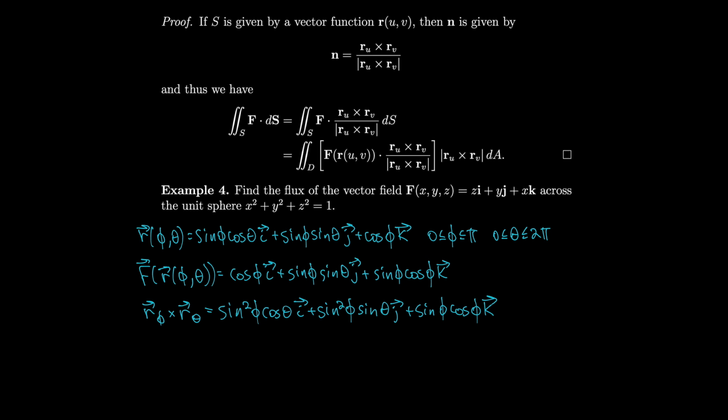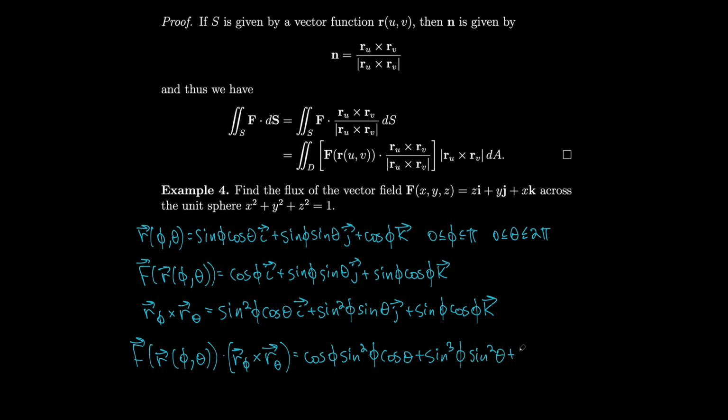And that means that our dot product F of r of phi, theta dotted with our cross product r_phi cross r_theta will be equal to cosine of phi sine squared phi cosine theta plus sine cubed phi sine squared theta plus sine squared phi cosine theta.